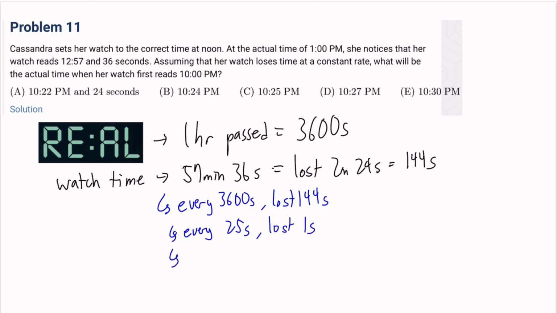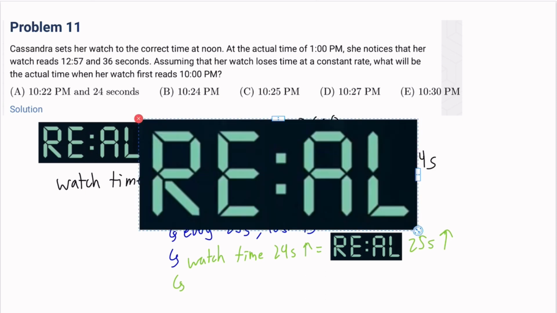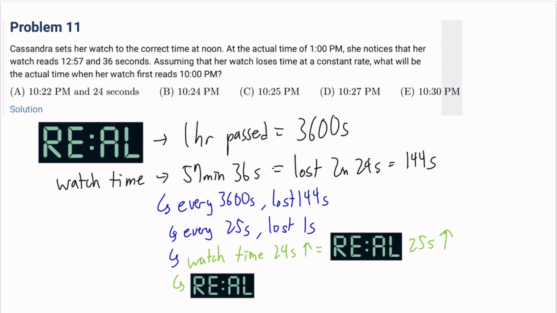A watch time increase of 24 seconds equals a real time increase of 25 seconds, right? And so to get real time, this would equal watch time multiplied by 25 over 24, right?